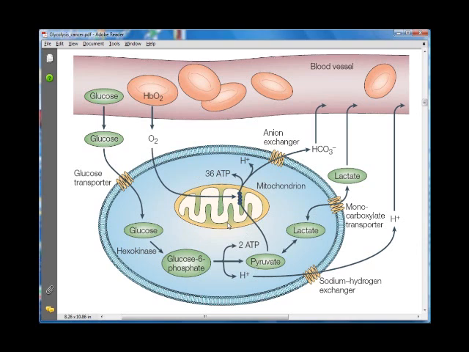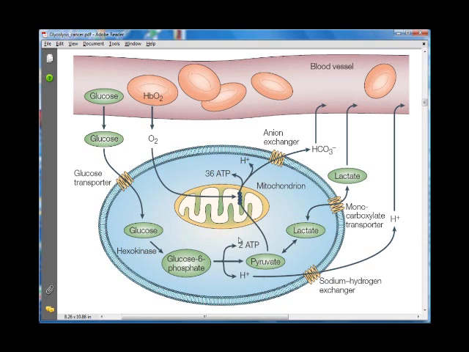So what's the difference? It's 38 compared to 2 ATPs. Because 38 is for normal cells, 36 plus 2, right? Compared to just the 2 ATPs from a cancer cell. So it's a huge difference in energy generation.